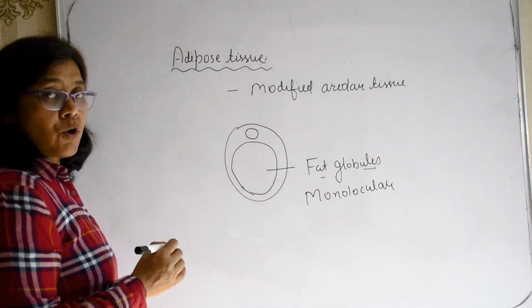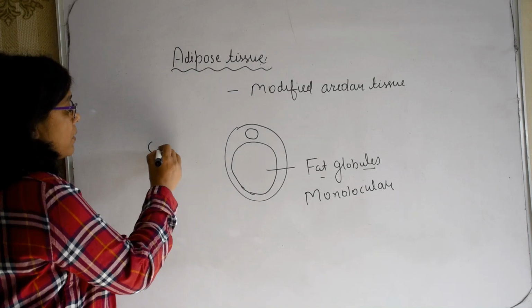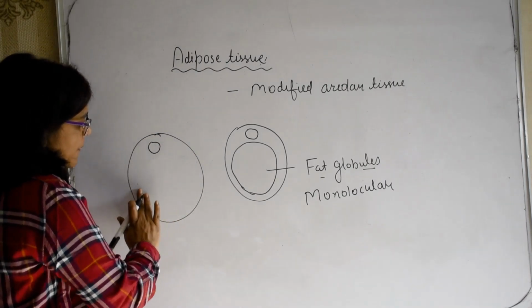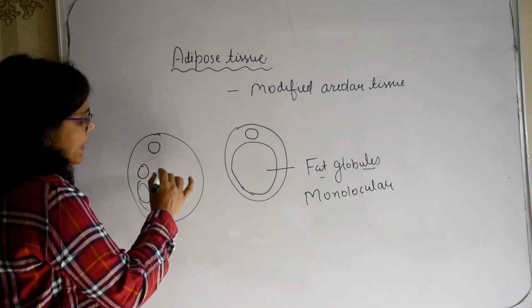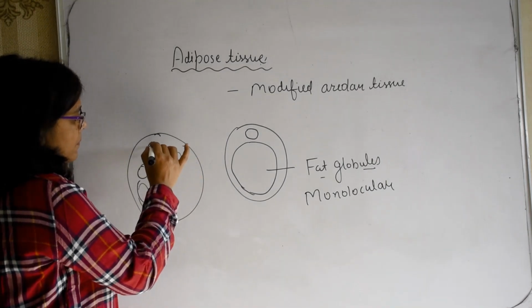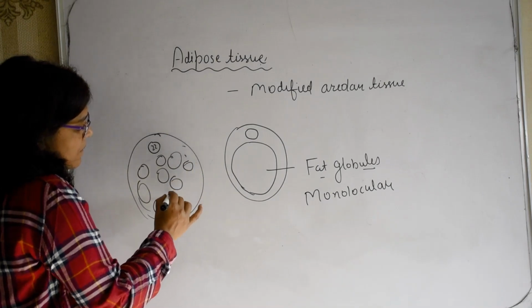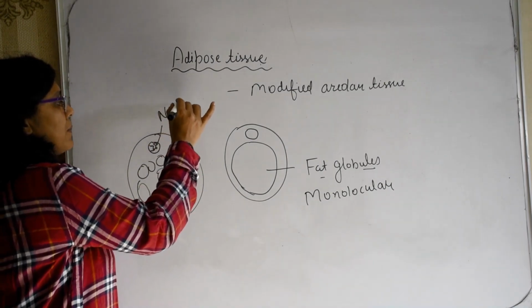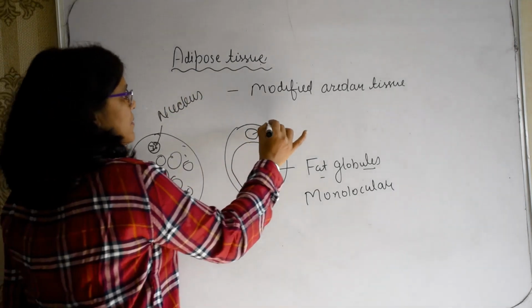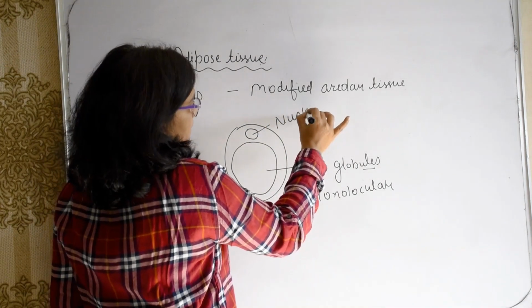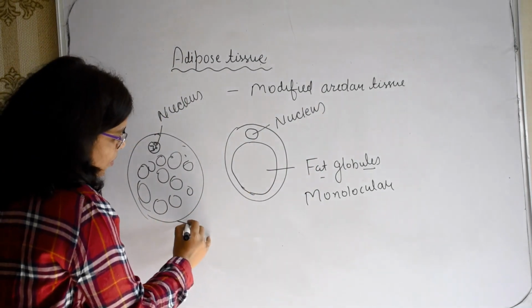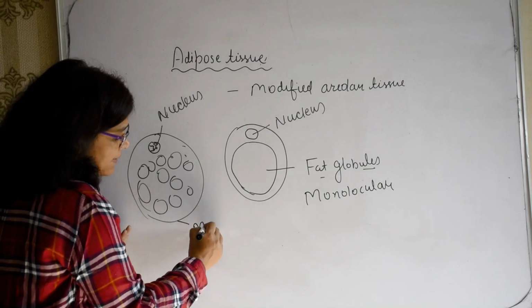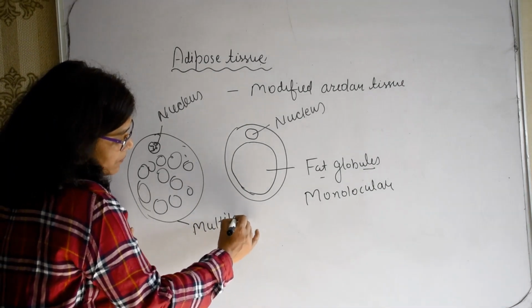If multiple globules are present, it is called multilocular. This is nucleus. This is nucleus. And since here multiple fat globules are present, it is called multilocular.